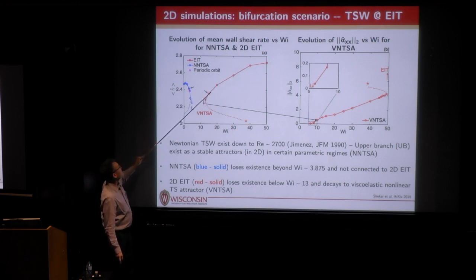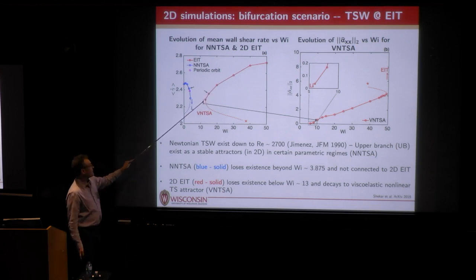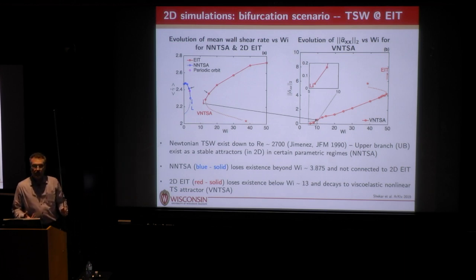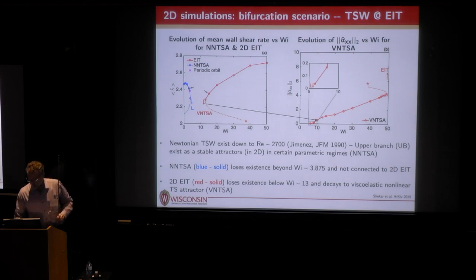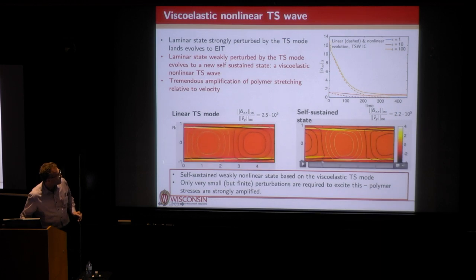Here's 2D EIT simulations. All right. That loses existence around Weissenberg number 13, but below this turning point here, you actually don't laminarize. All right. You go to a very weak nonlinear state, which turns out to look like this.